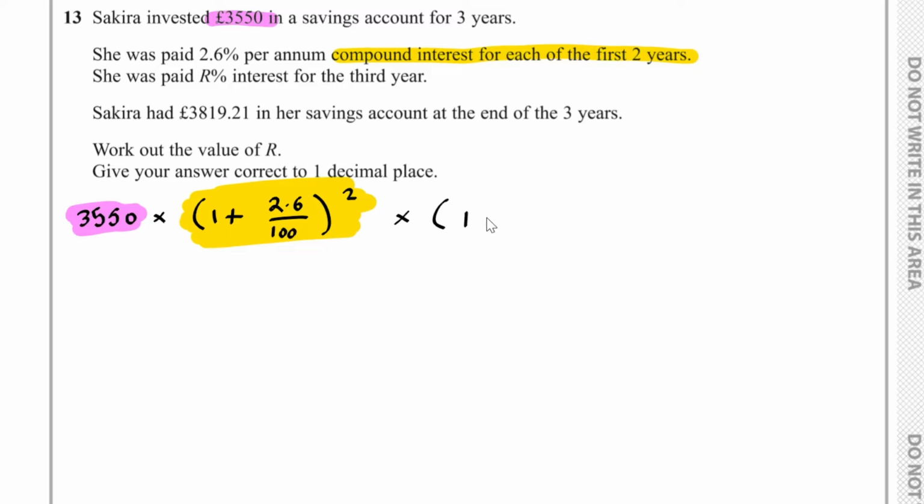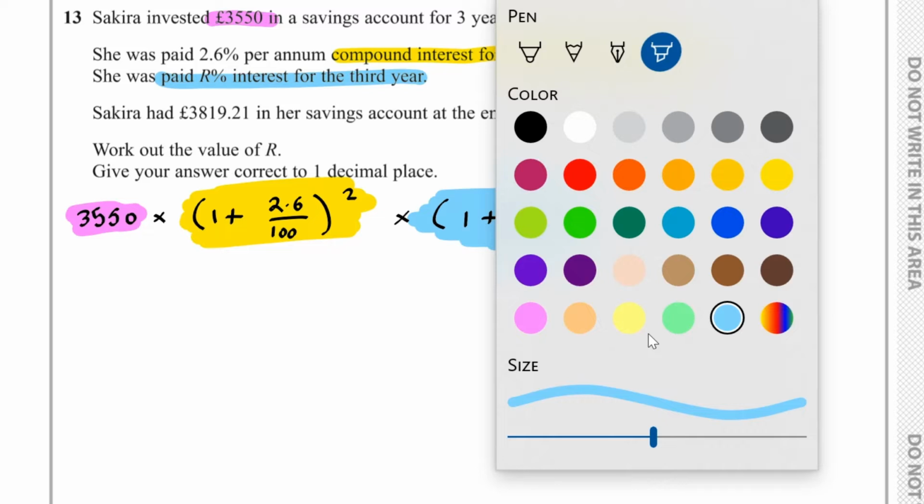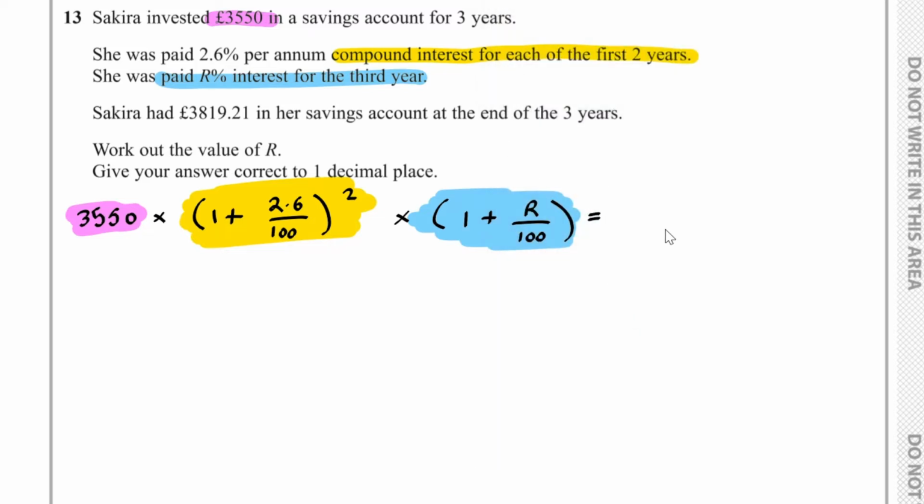So we multiply this by 1 plus r over 100 to the power of 1 essentially. So this over here is the interest in the third year. And at the end of all this, the amount we have is 3819.21. So this over here is the amount at the end of the 3 years. And our job is to find out what r is.